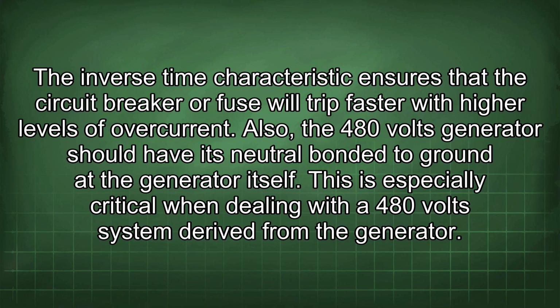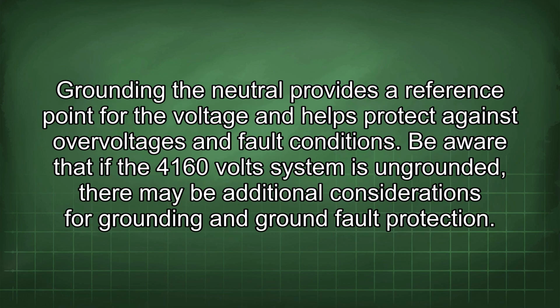Also, the 480 volts generator should have its neutral bonded to ground at the generator itself. This is especially critical when dealing with the 480 volt system derived from the generator. Grounding the neutral provides a reference point for the voltage and helps protect against overvoltages and fault conditions.